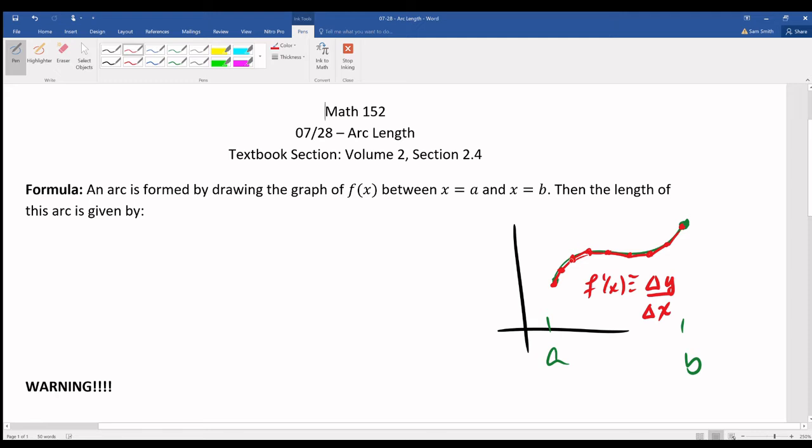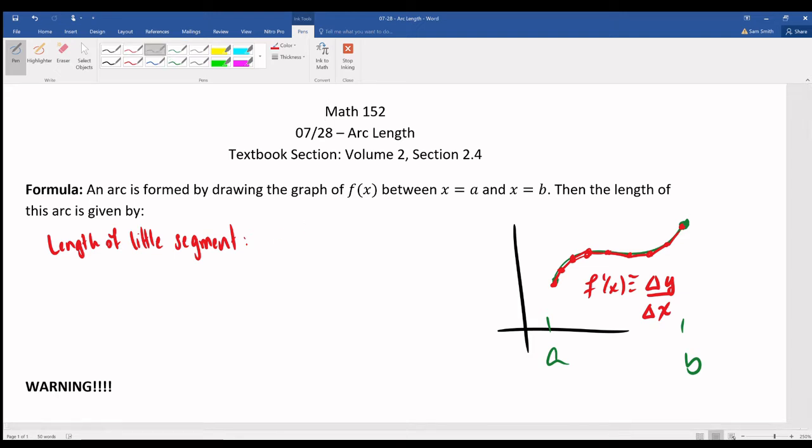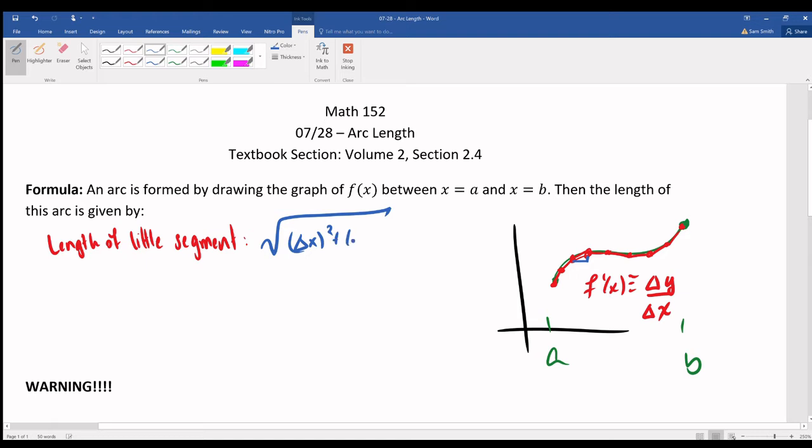So let's take one of these little tiny line segments and figure out how long it is. The length of every single little segment is given by the Pythagorean theorem. If you take the square root of the little change in x squared plus the little change in y squared, then that square root will give you the length of this tiny diagonal segment on this chain.